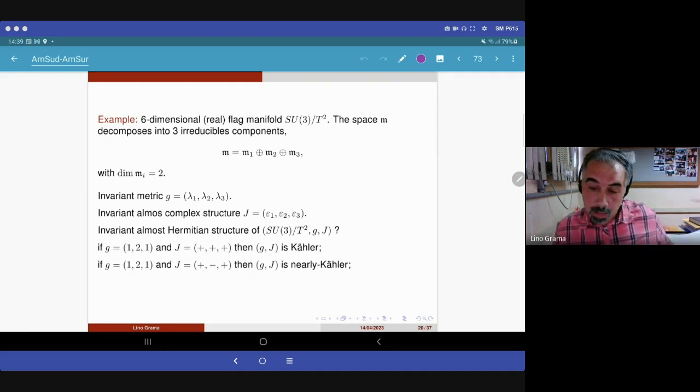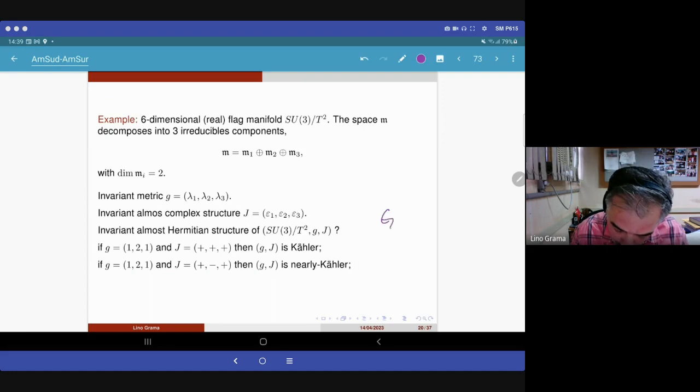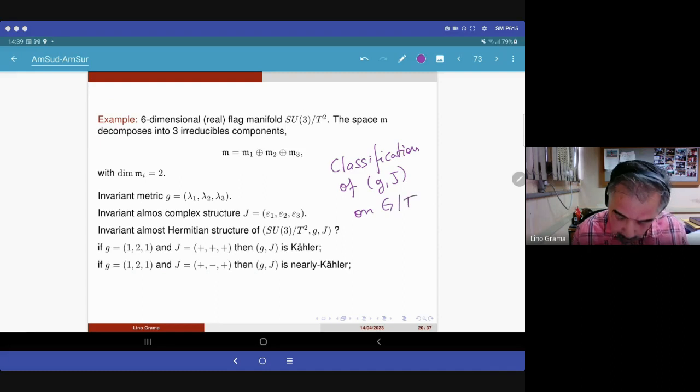But for all full flag manifolds G over T, the classification of these pairs is due to Luis San Martin and Caio Negreiros.